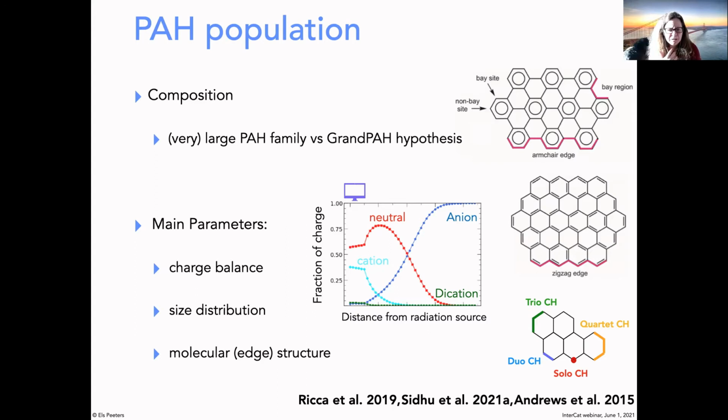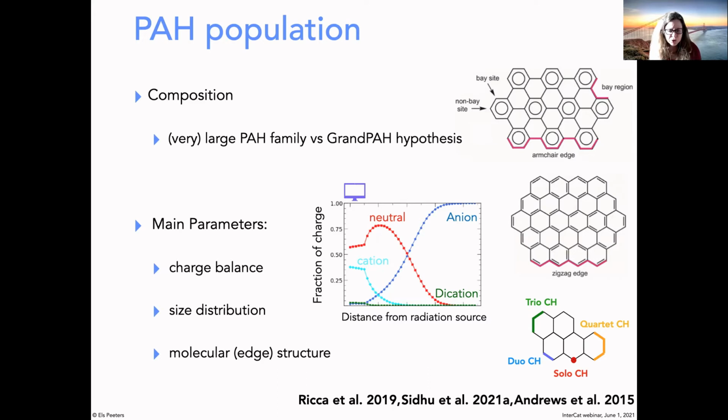But the main way of detecting PAH emission in space at this point is still in the infrared. And in the infrared, the emission is vibrational emission, and so it's not very sensitive to the specific molecule. They overlap. That's on one hand why the emission is so strong, but it means that characterizing its PAH population is far more challenging.